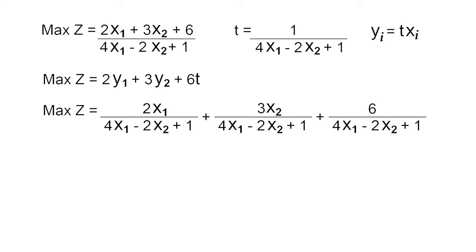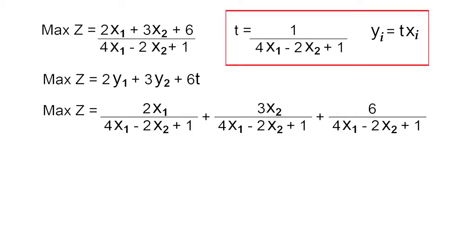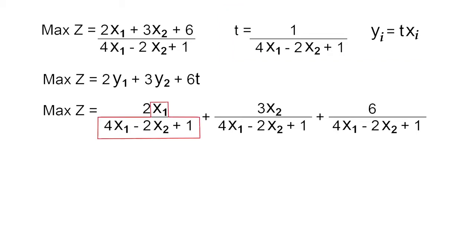Given our transformation, that t is equal to 1 over 4x1 minus 2x2 plus 1, and that yi is equal to txi, we can note that x1 over 4x1 minus 2x2 plus 1 can be transformed as t times x sub 1, which is equal to y sub 1.